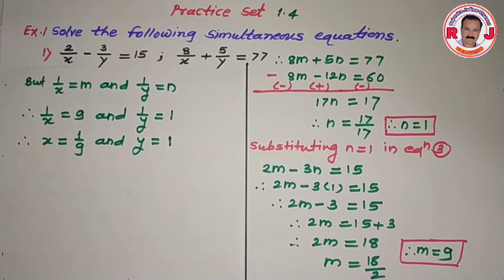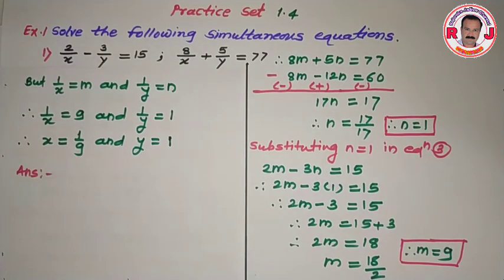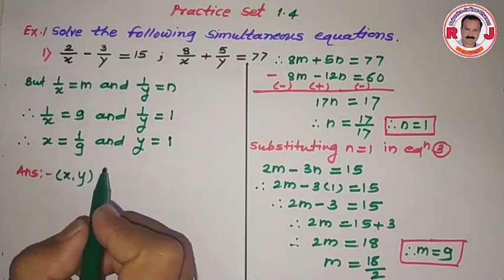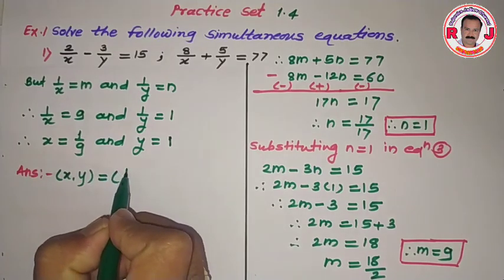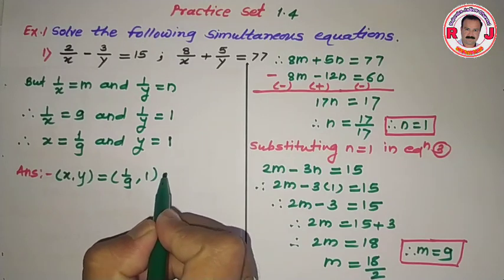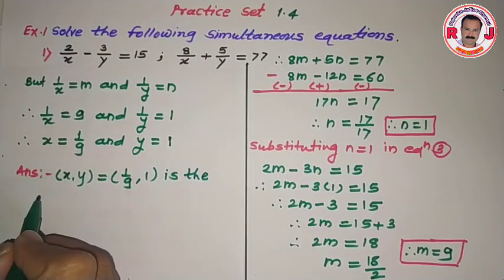Here the answer x, y is equal to 1 upon 9, 1 is the solution.